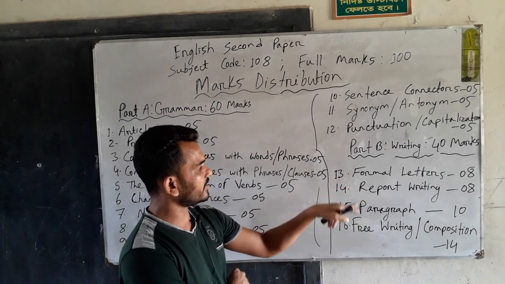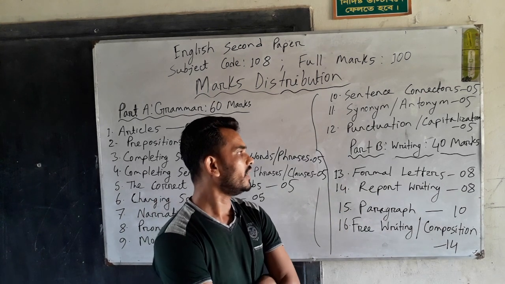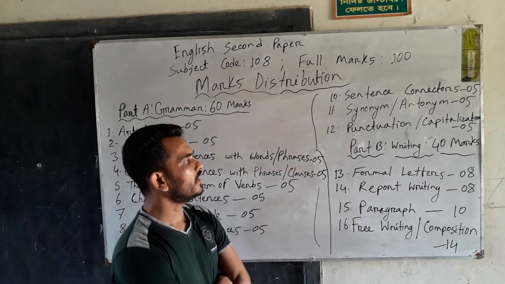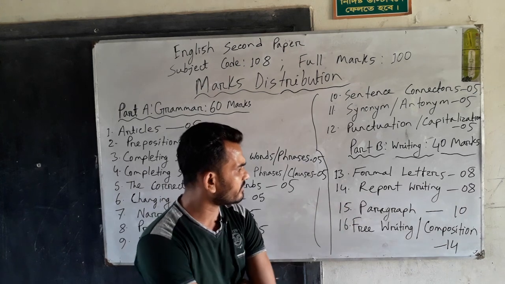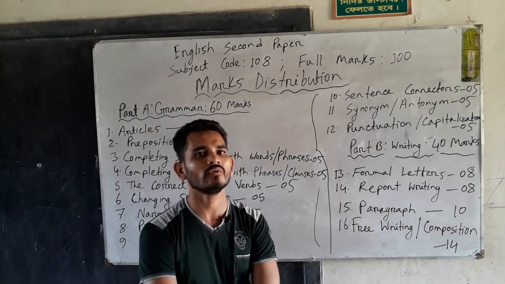For questions number 13, 14, 15, 16: for question number 13 you will have to write formal letters, that means an application. Then for question number 14 you will have to write a report.